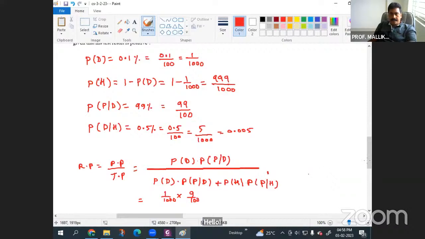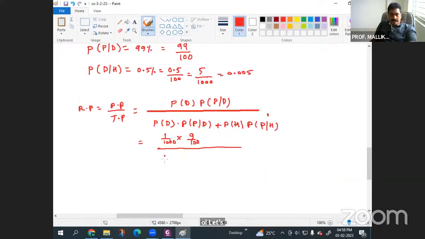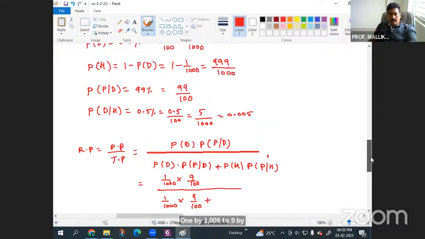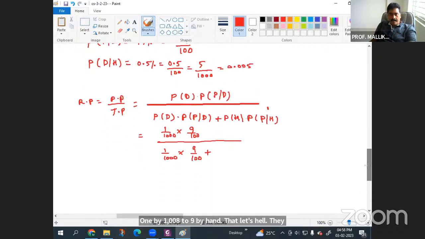Plus, the denominator: 1 by 1000 into 99 by 100 plus healthy people 999 by 1000 into probability of positive given that healthy people, 5 by 1000.